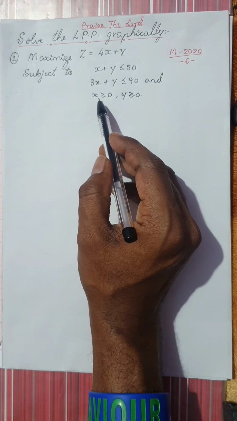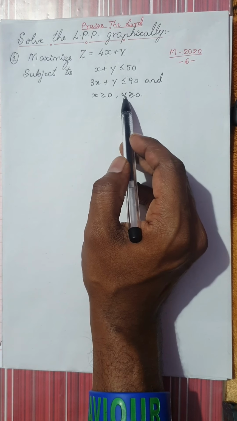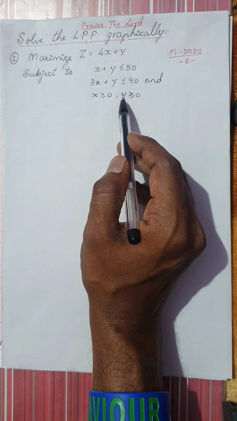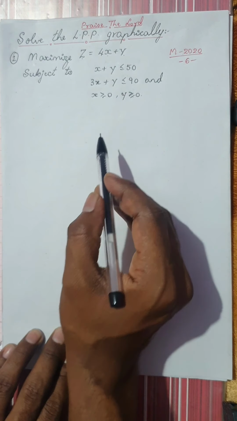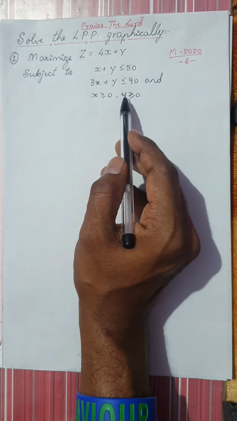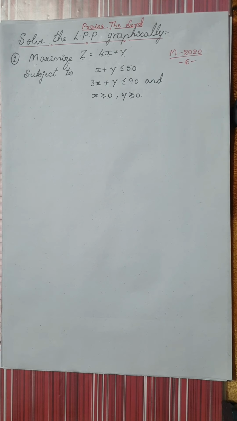That is the condition for this non-negativity condition, because the variables x and y cannot be negative. So first quadrant is the only quadrant where both x and y are positive. So we are going to see the process of solving this graphically.